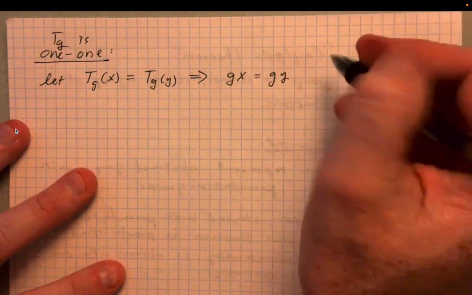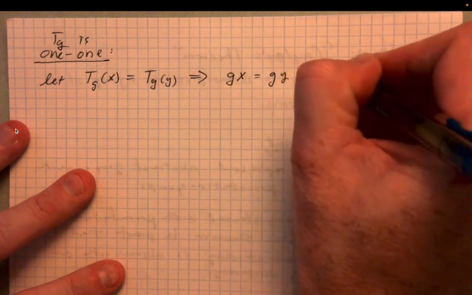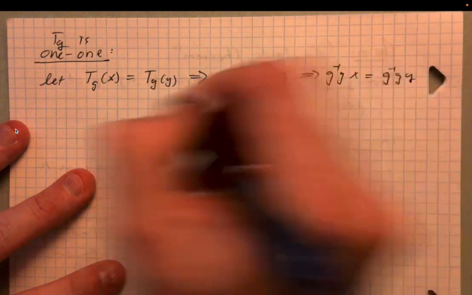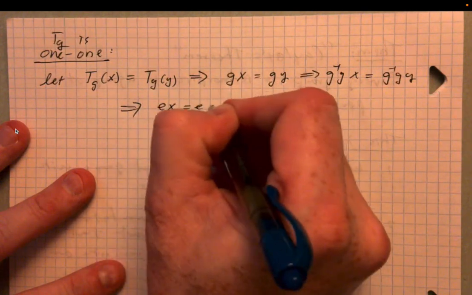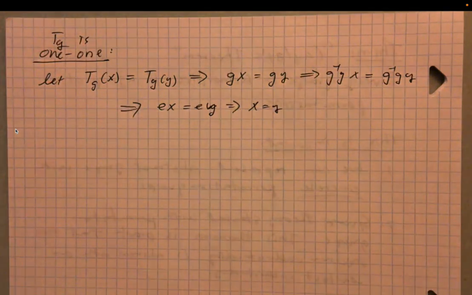And of course G is a group, so there are inverses. So g inverse g x equals g inverse g y. And so that means e x equals e y, and so x equals y. I kind of took the long way around there. I could have probably just jumped to the punchline: left cancellation, x equals y.